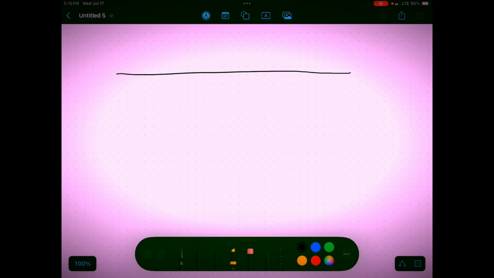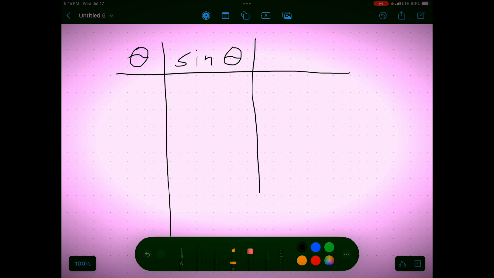and the chart is going to have the angle, the sine of that angle, and the cosine of that angle. We're only going to go from 0 to pi over 2.